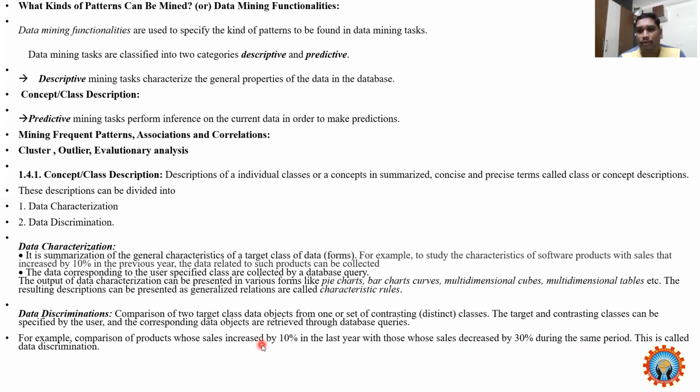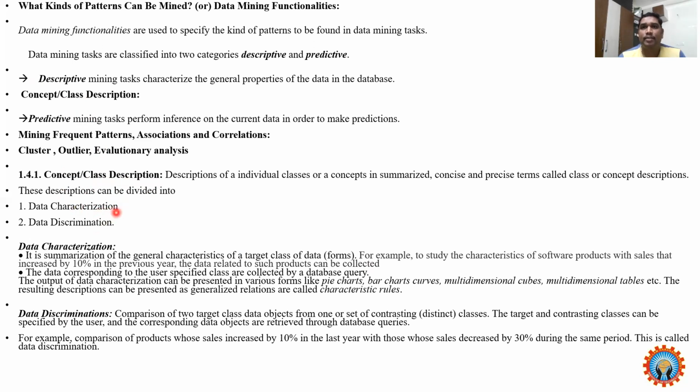Characterization is simply a descriptive task where you have particular properties. Predictive means you don't have any properties, you have to predict the properties. Next, among the descriptive, you have concept or class description, which can be characterized in characterization and discrimination.